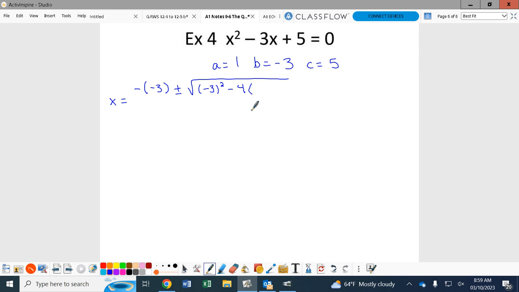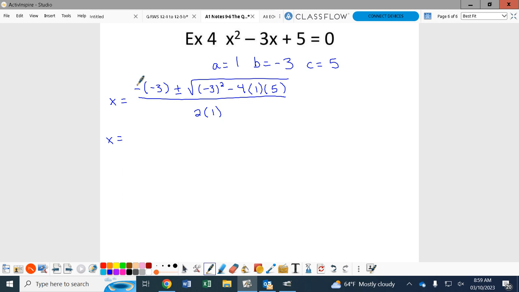It's just minus 4 times A, which is 1, times C, which is 5, all over 2 times A, which is 2 times 1. From that point out, it's arithmetic. You just got to get your arithmetic right. Use your calculators. That's what they're there for.